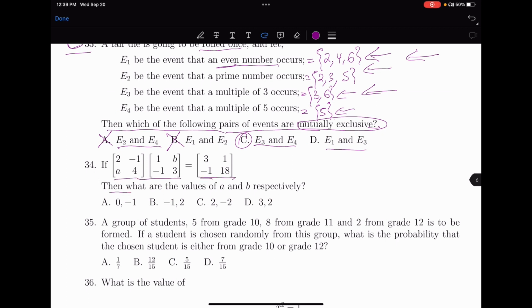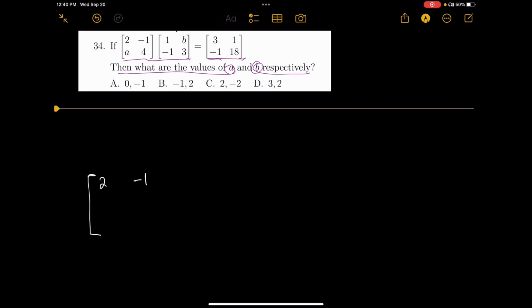Question 34: if this matrix times this matrix is this, then what are the values of A and B respectively? Let's multiply the matrices. The matrix 2, -1, A, 4 is multiplied by the matrix 1, B, -1, and 3.